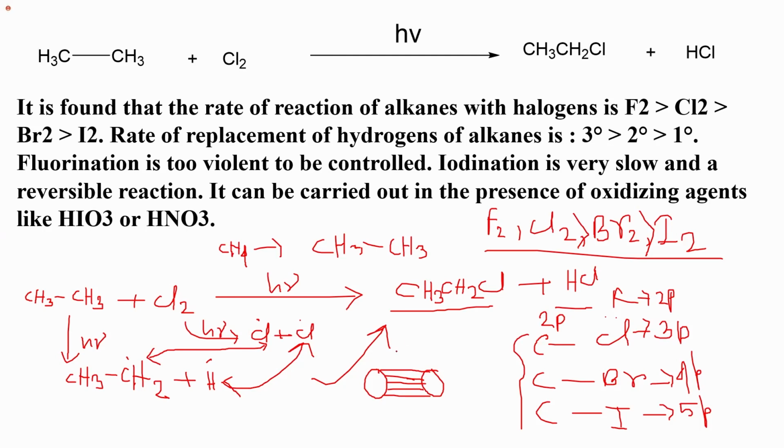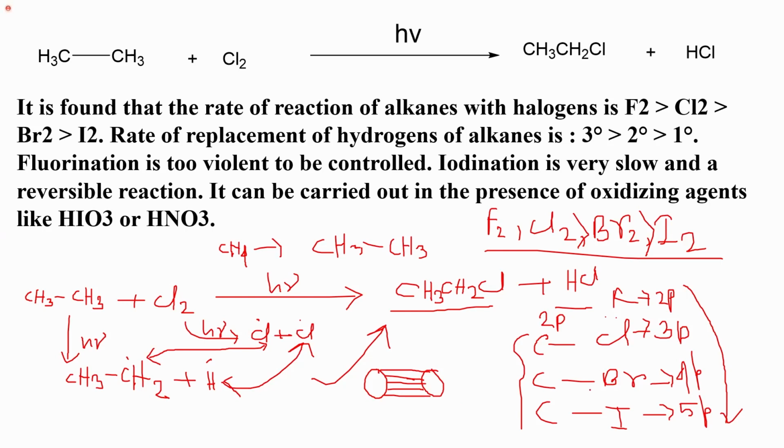So when we are moving from 2p to 3p to 4p to 5p, there is a tremendous size increase of the p orbital. Now you just think, you have a 2p constant and the size of the other orbital is also increasing, then there will not be such matching. People say sometimes that matching also matters for orbital overlapping.